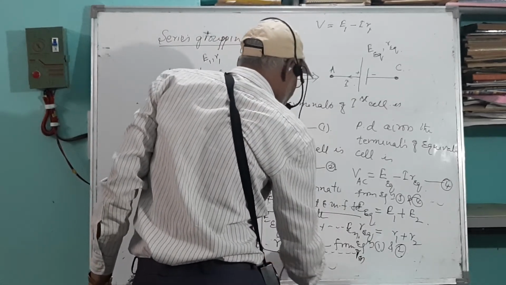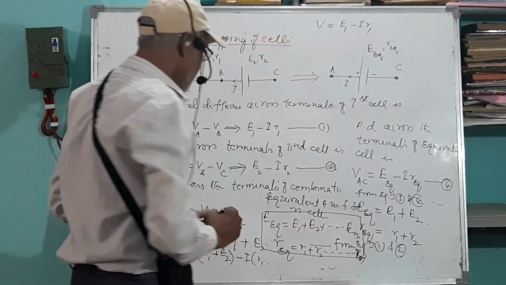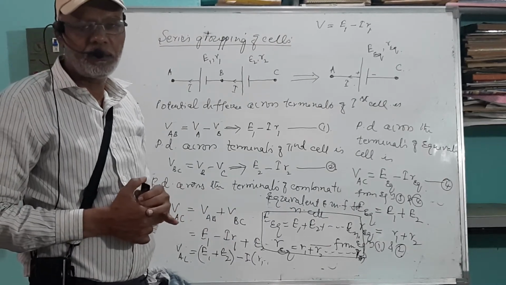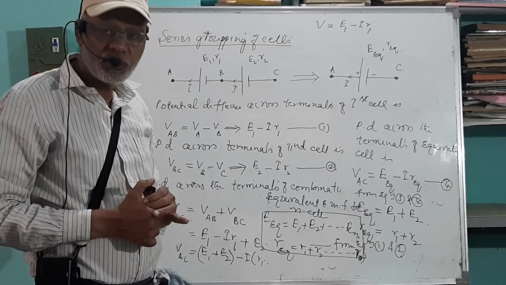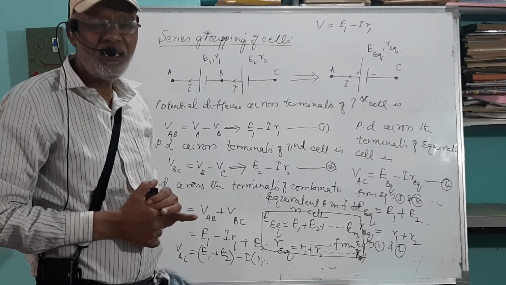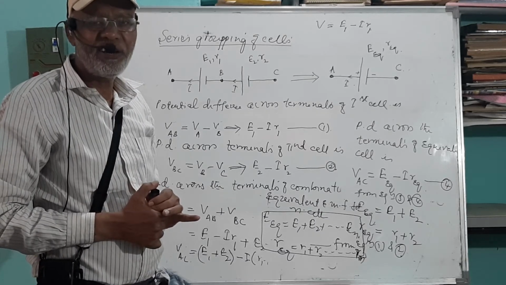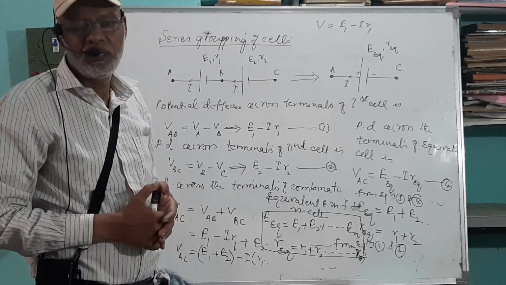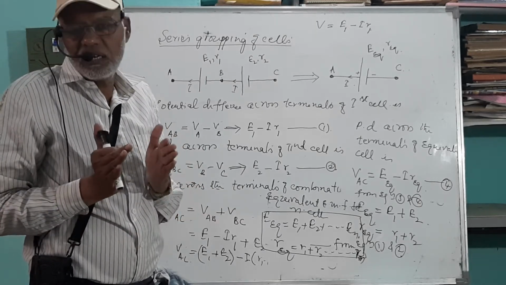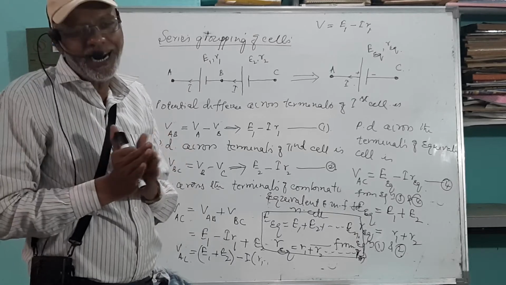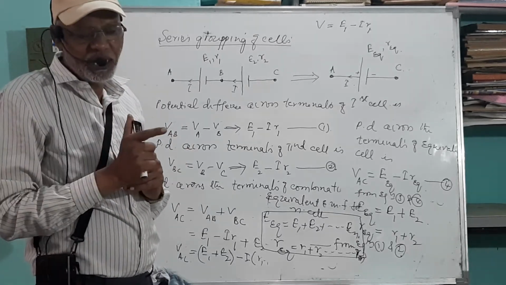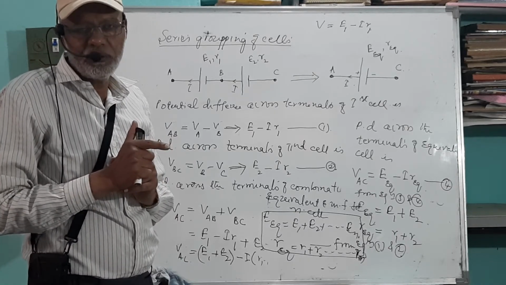So the summary of this is that the equivalent EMF of a single cell is equal to the sum of the EMF of the individual cells. If there are 5 cells, each cell having a certain EMF value, you have to add them. For example, for an everyday cell the EMF is 1.5 volt.